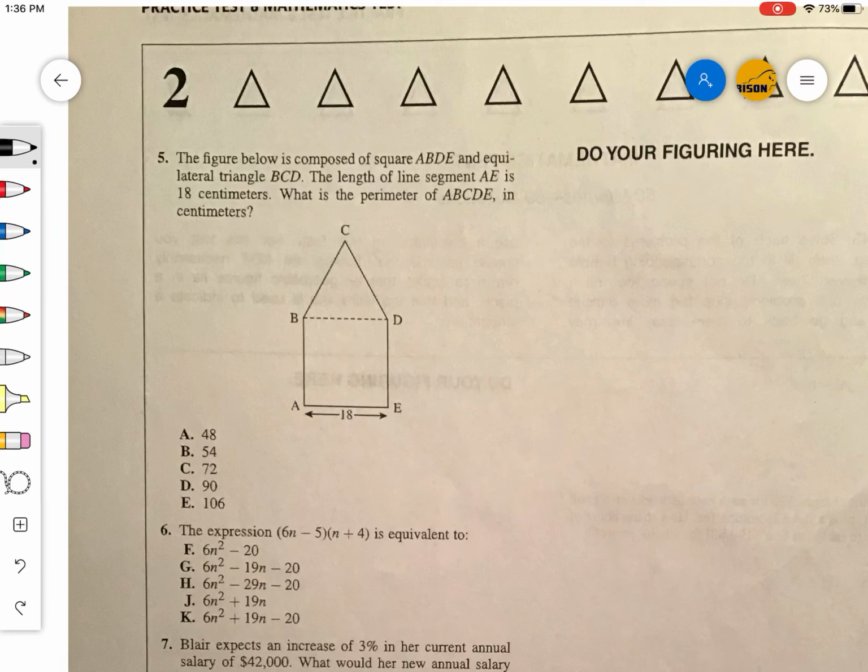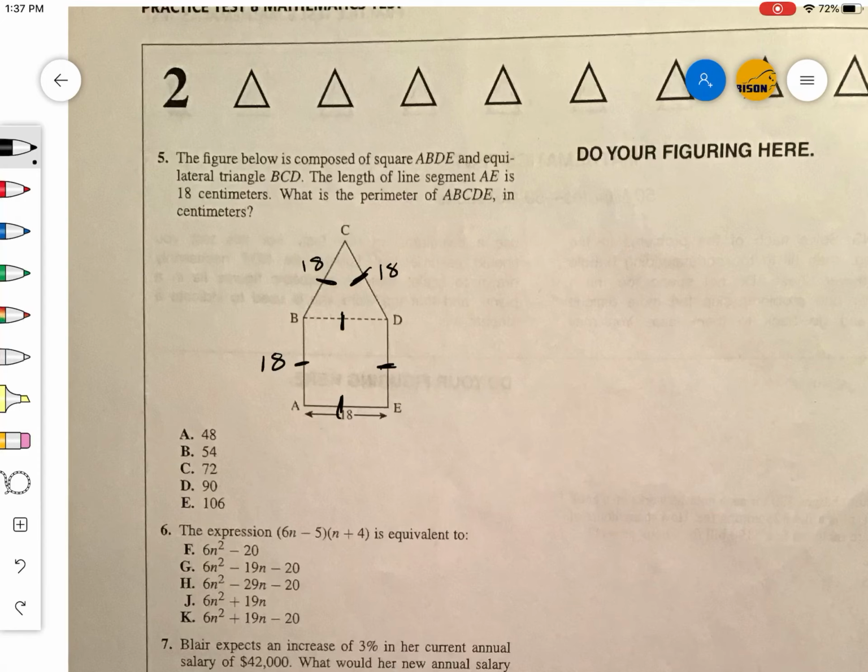Number 5. What is the perimeter of A, B, C, D, E? We are looking for the entire thing. There's some important information that it tells us up top. It's a square and an equilateral triangle. So that means this side, this side, this side, here, here, and here are all the same length.